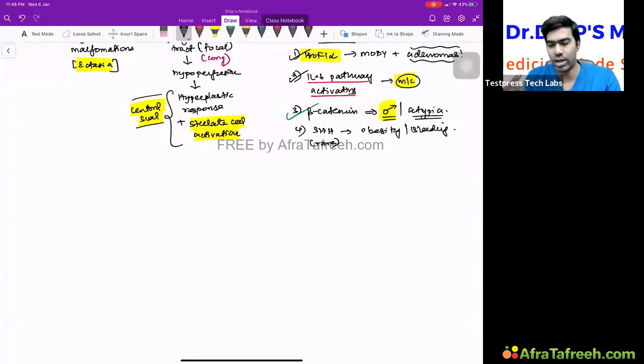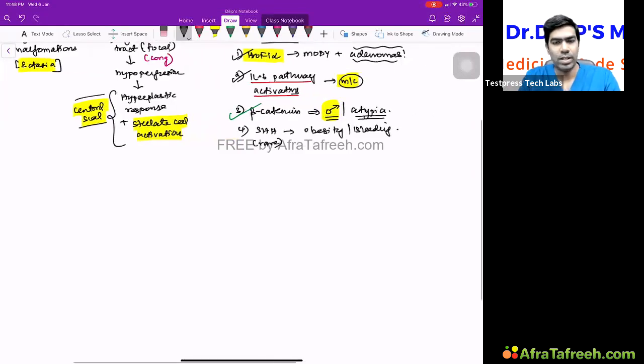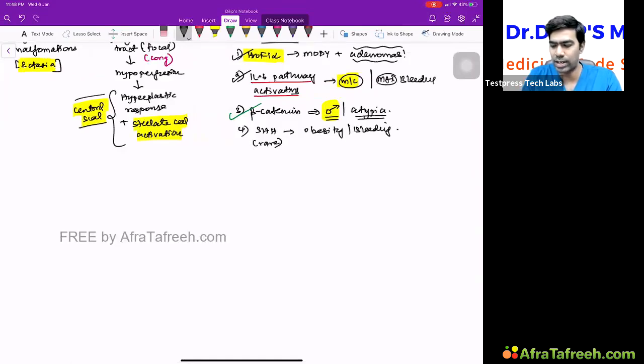That's the most important point. High risk of malignant transformation compared to others, and SHH will result in obesity and bleeding. And similarly, IL-6 pathway activating mutations has the maximum bleeding risk. Hepatic adenomas generally have a bleeding risk, but if they ask you the maximum bleeding risk among all the types of hepatic adenomas, it is the IL-6 pathway activating mutations.